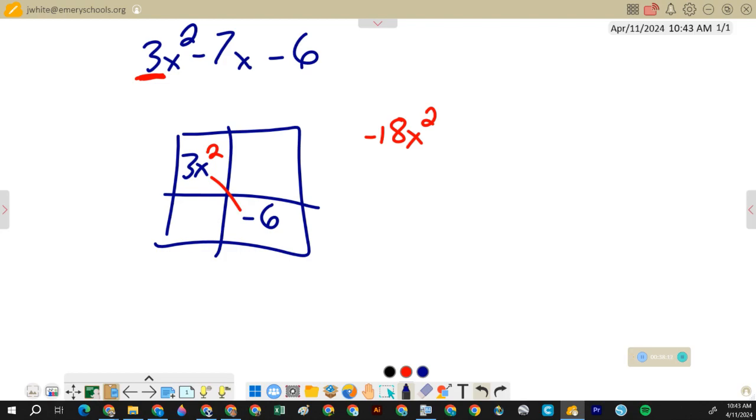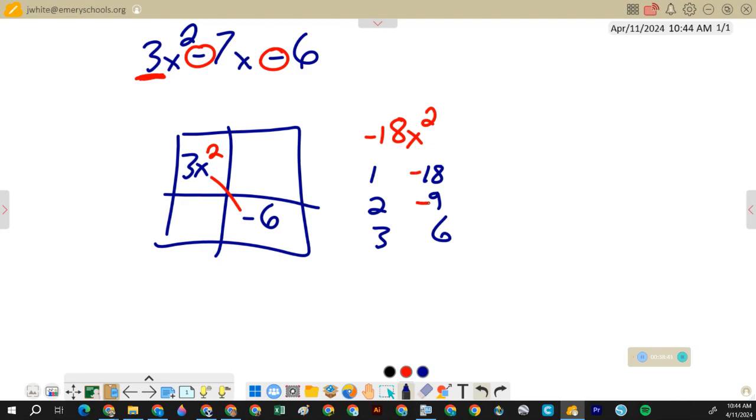Then we write down all the factor pairs for 18. 1 and 18, 2 and 9, 3 and 6. 4 doesn't work. 5 doesn't work. So we're done. Okay. What does this tell me? Signs are different. What does this tell me? The bigger number is negative. Good job.